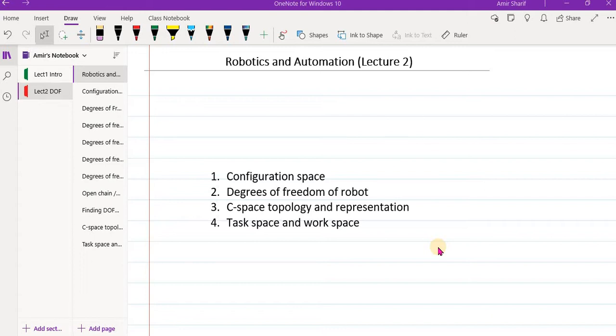In the previous lecture, we had an introduction about robotics.